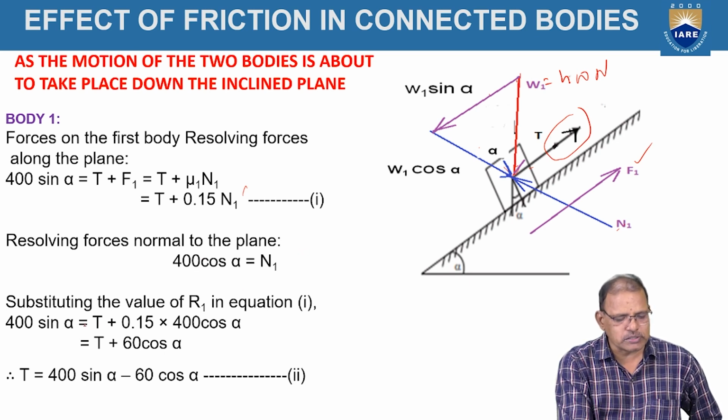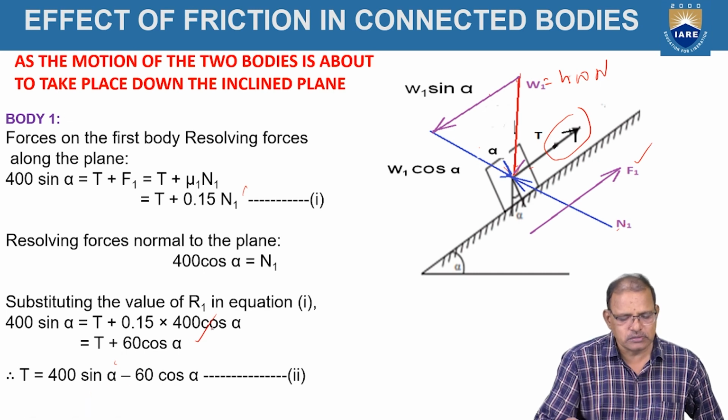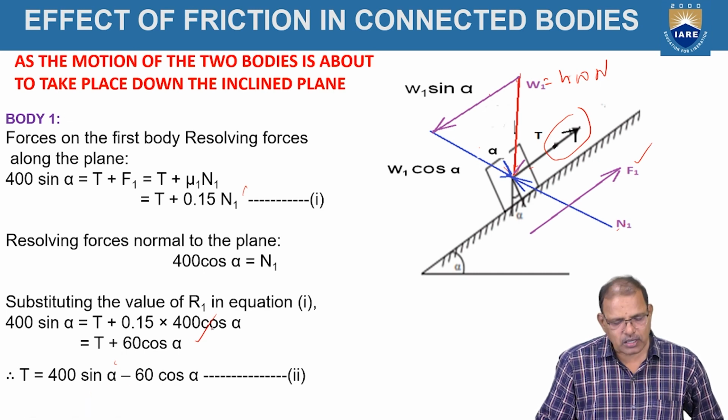Substituting the value of N1 in equation number 1, we get 400 sin alpha is equal to T plus 0.15 into 400 cos alpha. From this relation, T plus 60 cos alpha, or T is equal to 400 sin alpha minus 60 cos alpha.